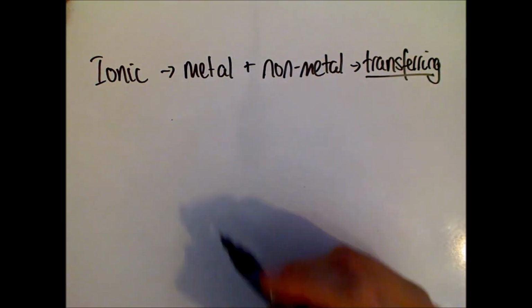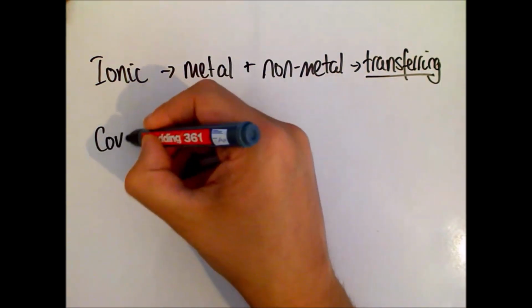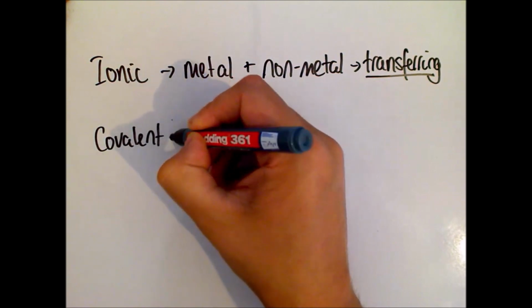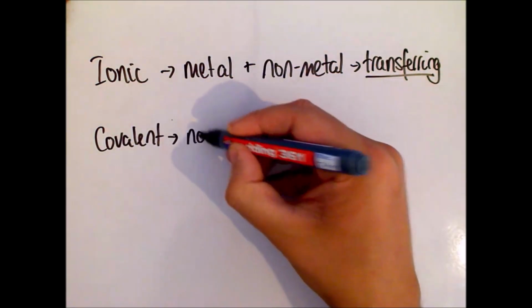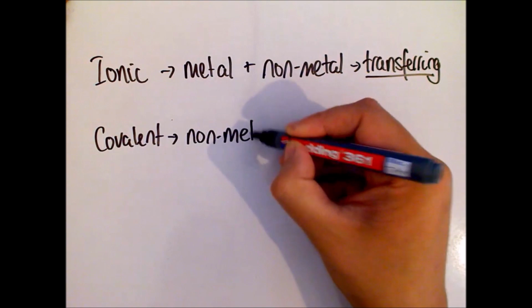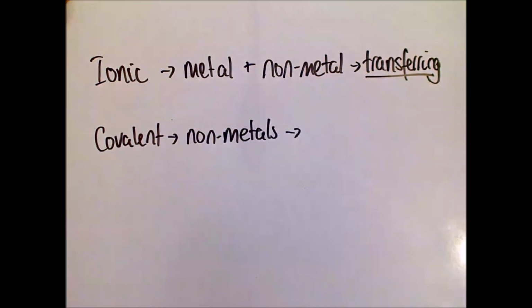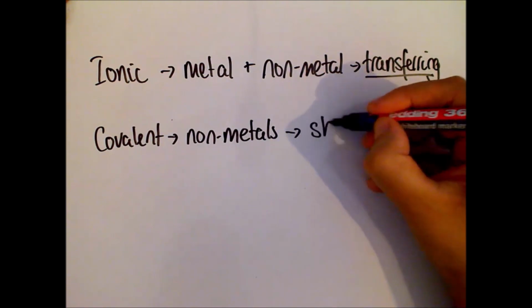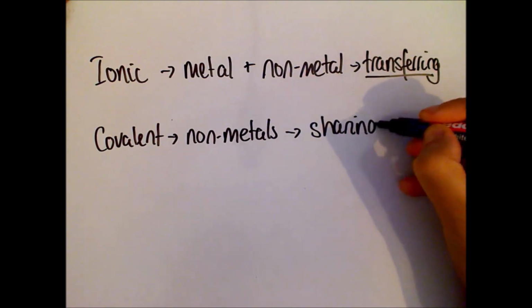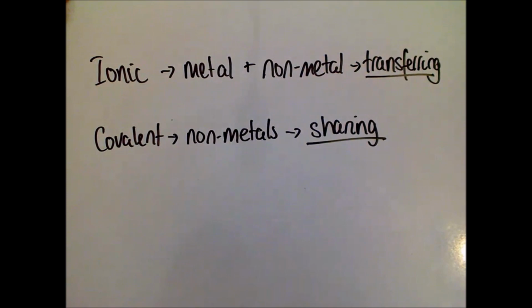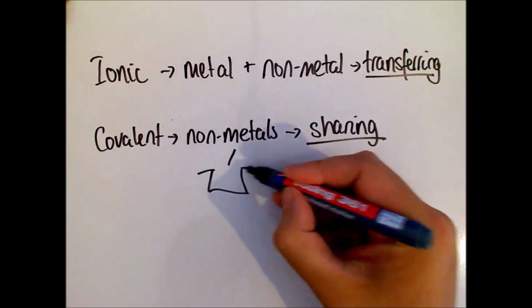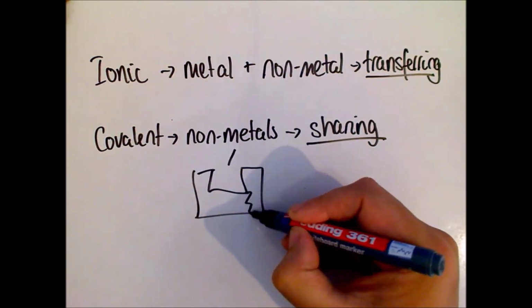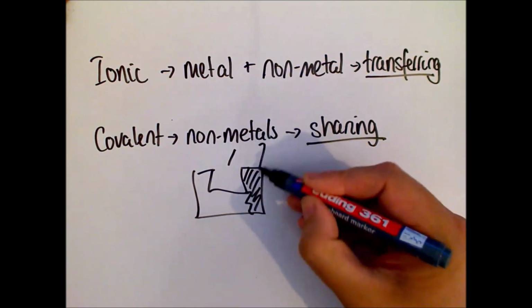Now it's going to be slightly different with covalent bonding. So we don't have any metals involved now. This is between just non-metals, and instead of transferring electrons, they're now going to be sharing electrons. Non-metals on that right-hand side of the periodic table.